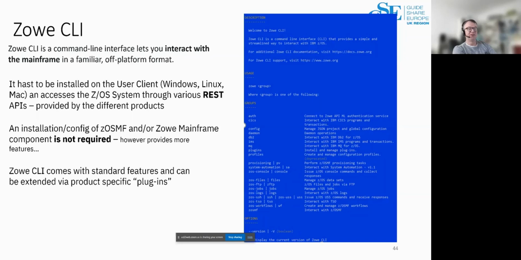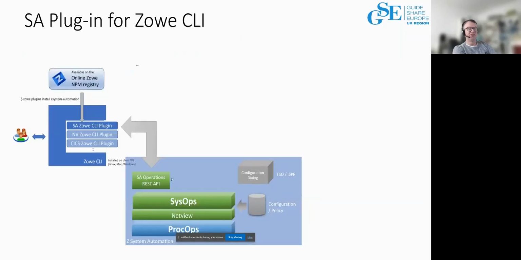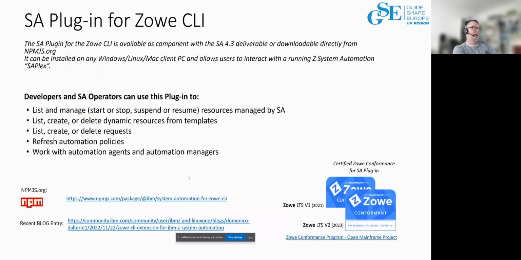Then you can go into your Zoe CLI, point it to that REST API and interact with system automation. That's possible. The work you see here in the picture again is the Zoe CLI plugin for system automation.